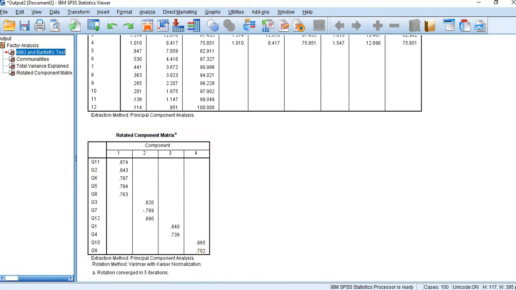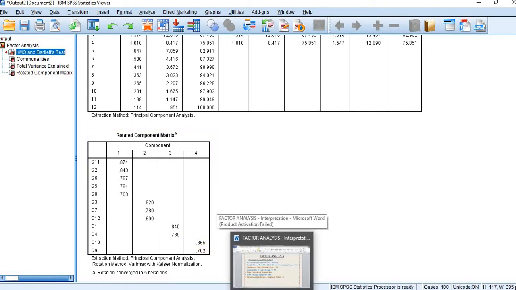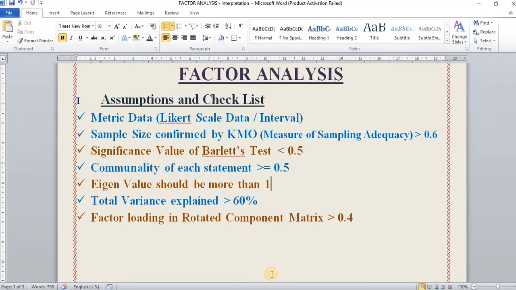Let us check whether the factor analysis assumptions are met. The first assumption, the data should be metric or quantitative or Likert scale data. Sometimes we may feel that Likert scale data is not interval because it is ordinal in nature, but Likert can be converted into interval scale.